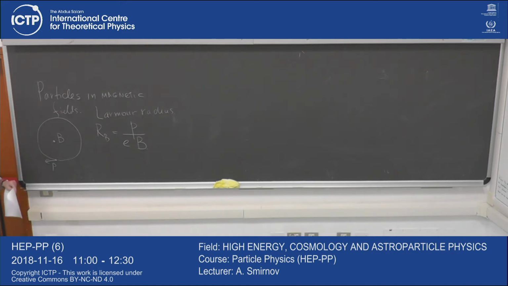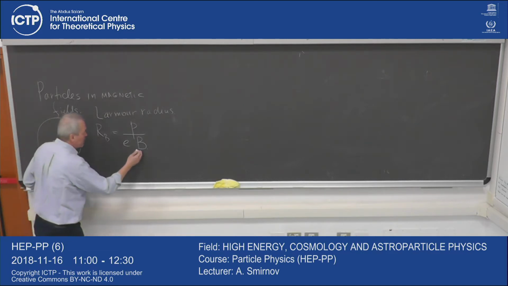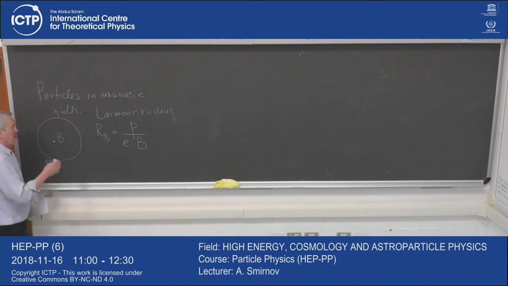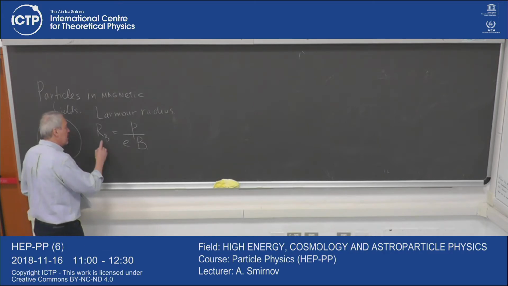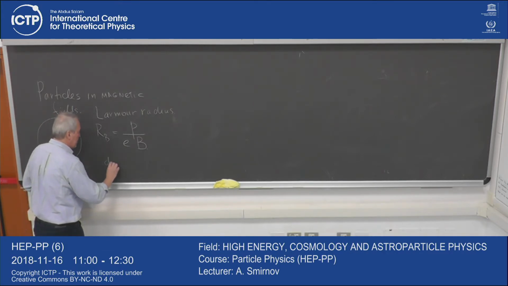So a particle will not be bent strongly. And the bigger B is, the stronger the particle is bent. So that's more or less clear. So more or less this dependence is clear. What is less trivial is that this radius doesn't depend on the mass of the particle.